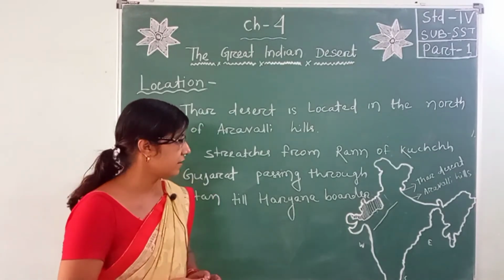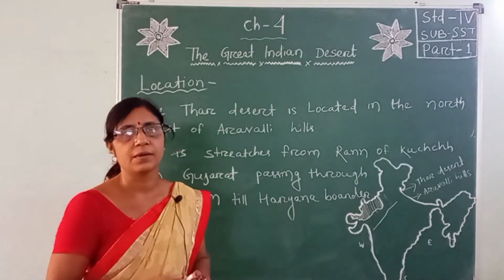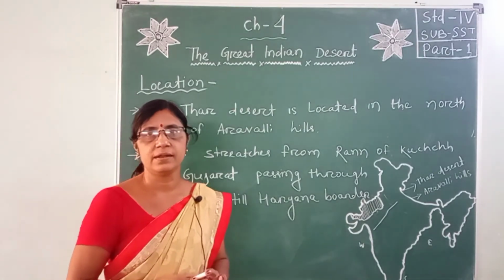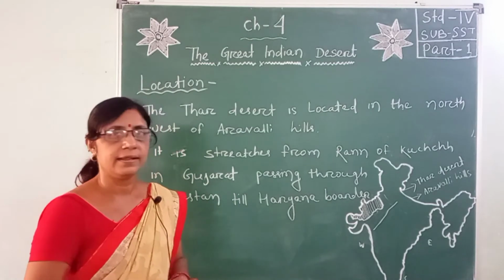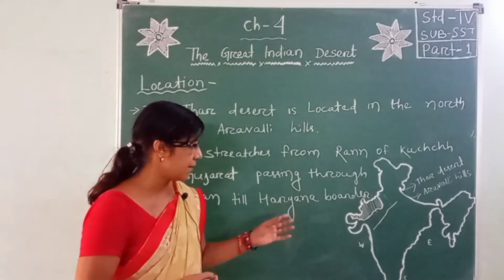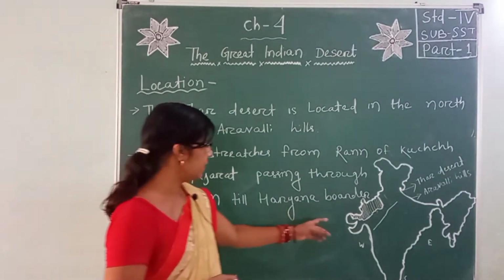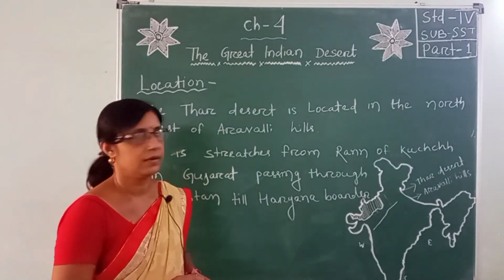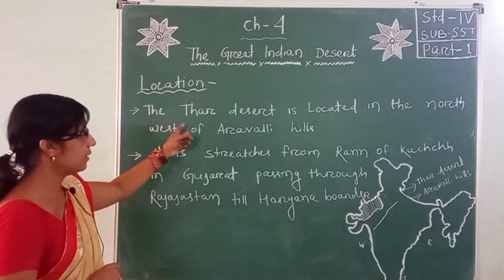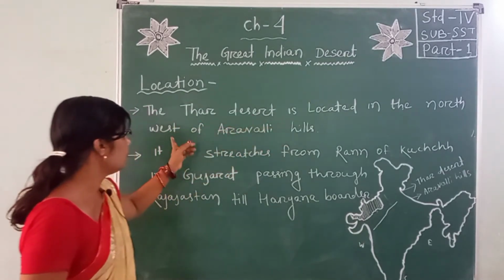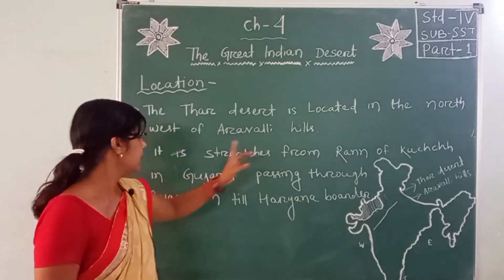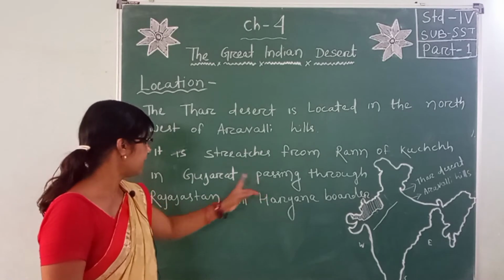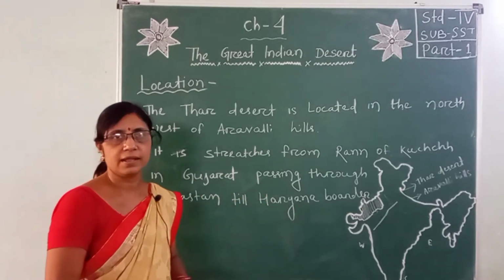Look at the map. Here the Aravalli Hills are present. It is the extension of the Arabian Desert of Saudi Arabia, spread into Pakistan as the Sindh Desert, and in India it stretches from the Rann of Kutch in Gujarat, passing through Rajasthan till the Haryana border.